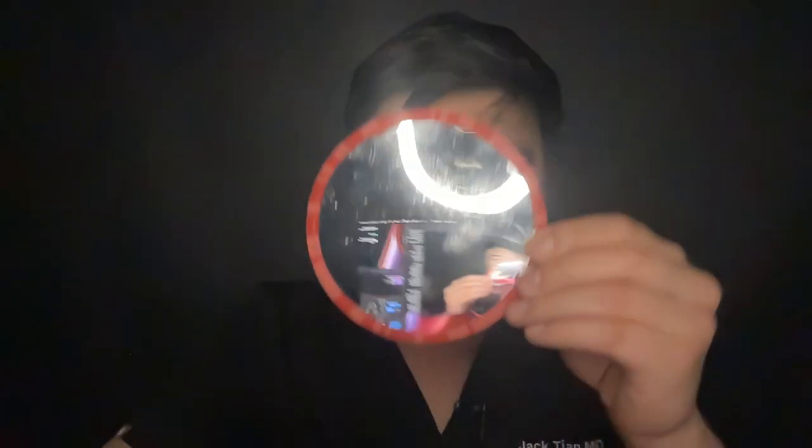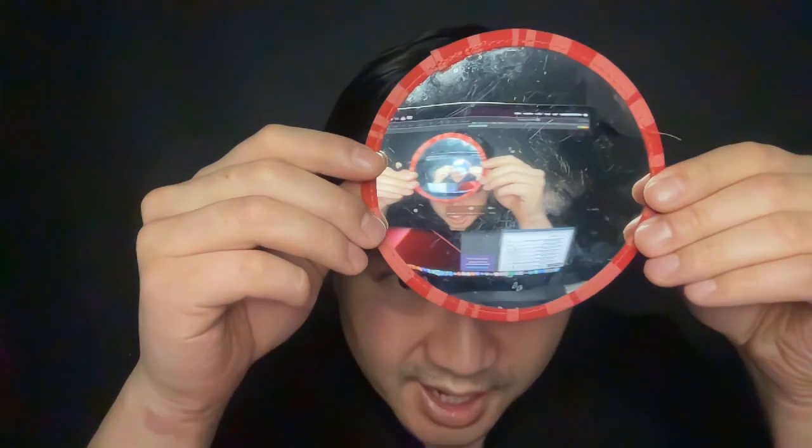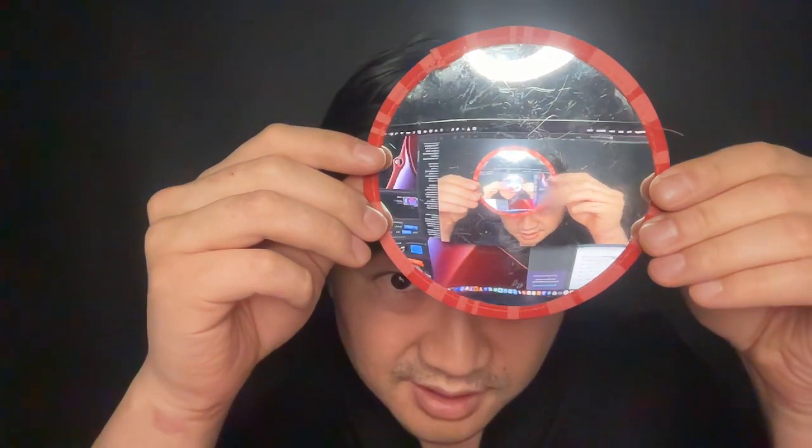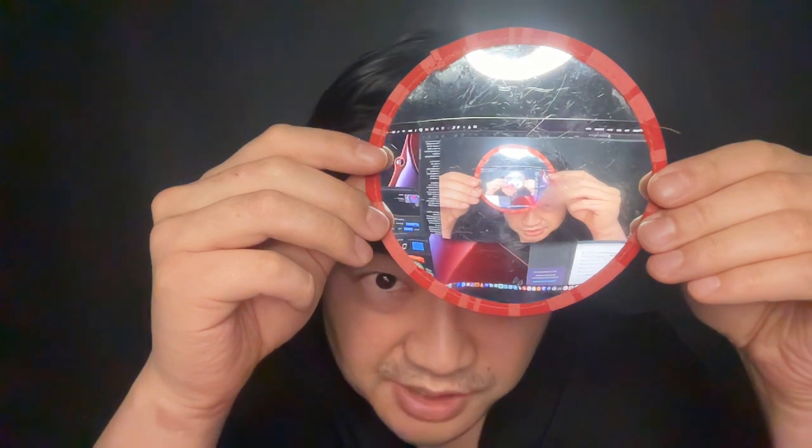Let's pause here and describe astigmatism. Astigmatism is a measure of asymmetry in the curvature of your cornea. An analogy is a funny mirror that stretches an image in one direction. Let me demonstrate this with a flexible mirror. As you can see here, we have a mirror and it gives a decent image.